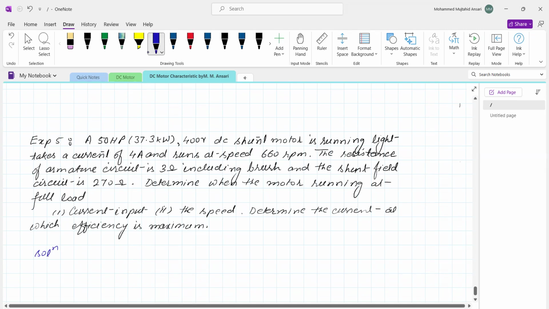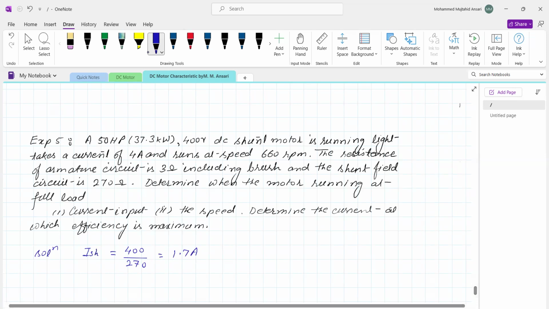So here we will start calculating. First, we will calculate the shunt field current. 400 volt is the supply voltage, and the shunt field resistance is 270 ohm. So 1.7 ampere is the shunt field current.